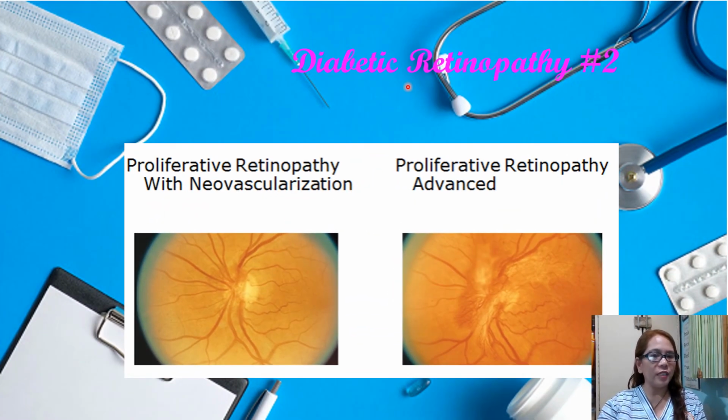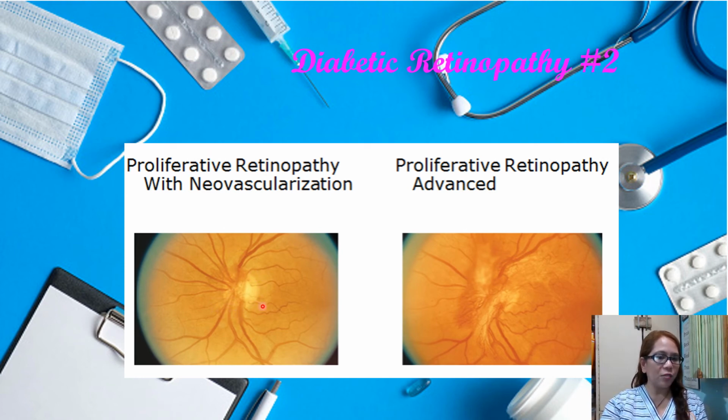Okay, so this image shows the complication of diabetes, or what we call diabetic retinopathy, that affects the internal structure of the eye. So this is the presentation for the proliferative retinopathy with neovascularization. When we say neovascularization, there is a growth of new blood vessels in the optic disc.